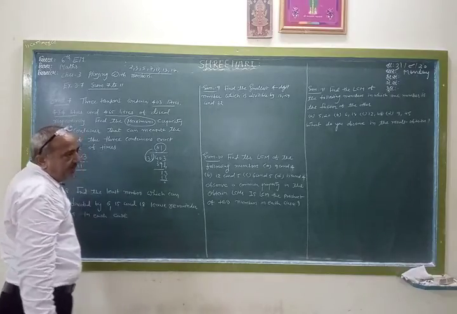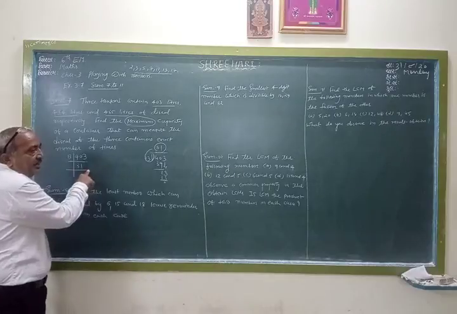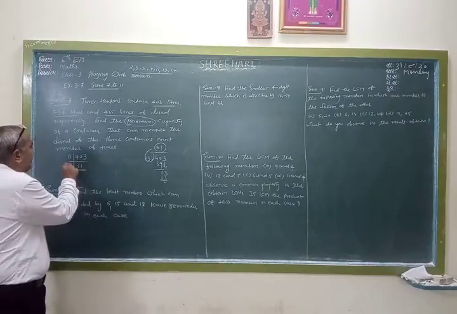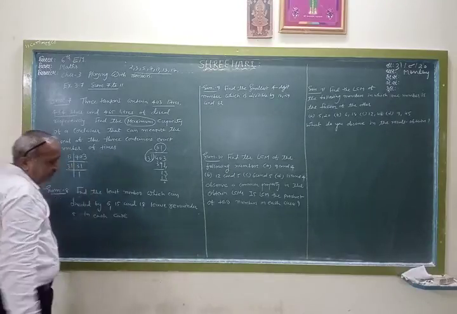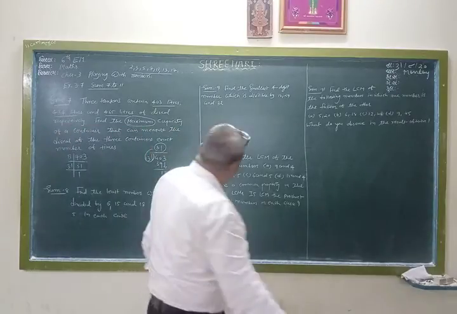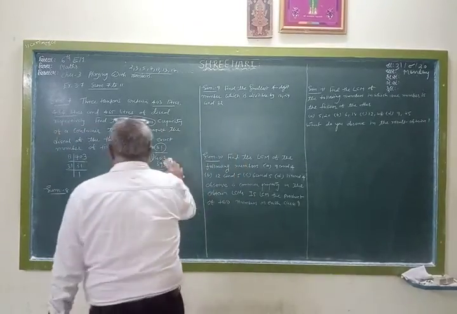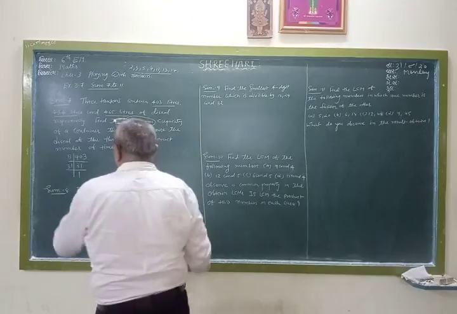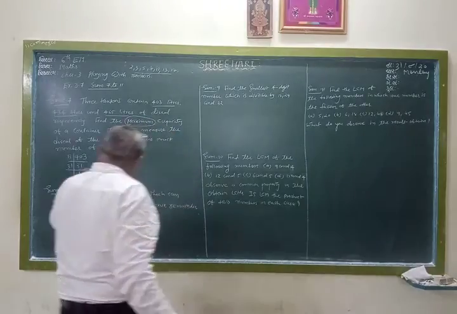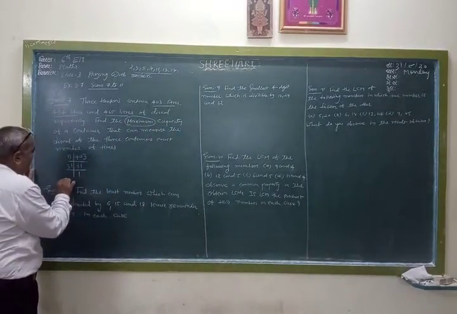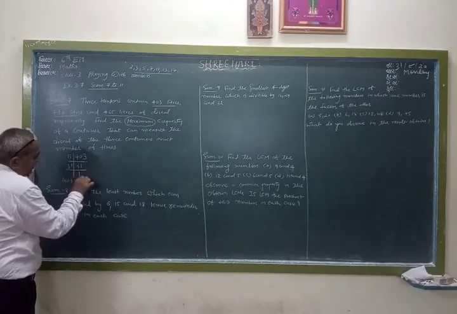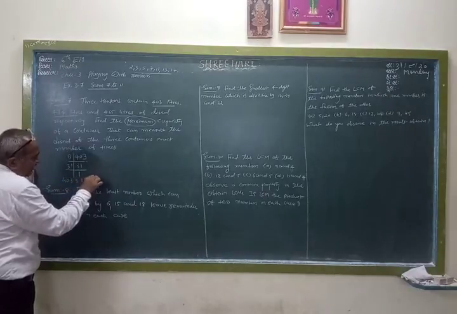So we can't divide 31 by other numbers. So 31 divided by 31 is 1. Friends, the prime factors of 403 are 13 and 31. 403 is equal to 13 times 31.